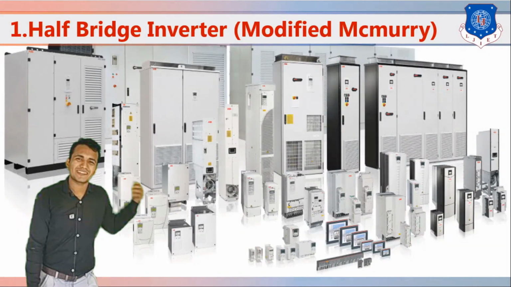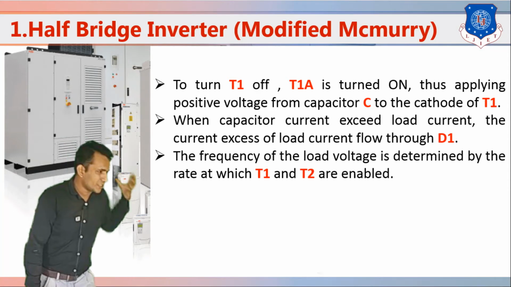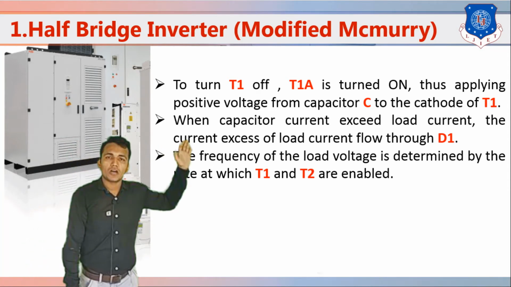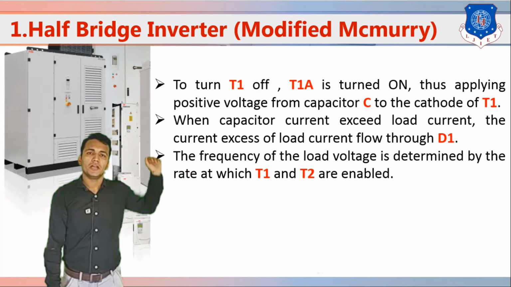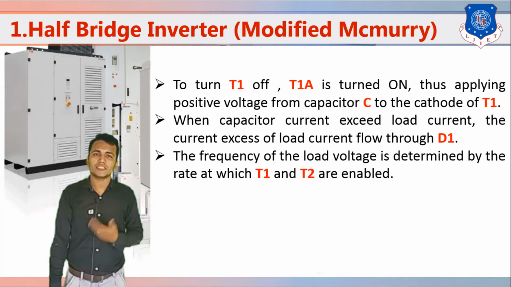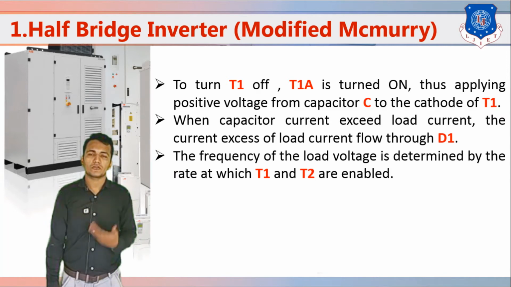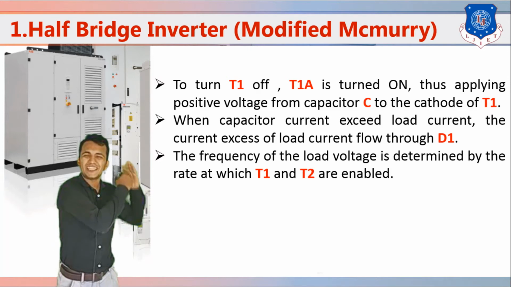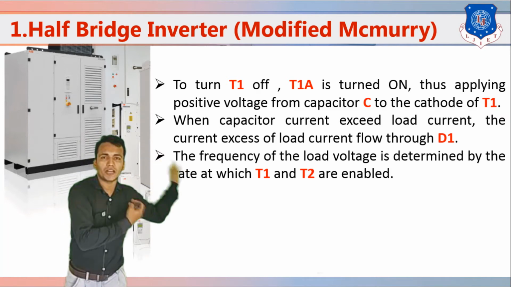Now we have to discuss step 2. Before we enter step 2, you can see that to turn off T1, T1A is turned on, thus applying positive voltage from the capacitor to the cathode of T1. That means if we have to turn off T1, at that time we have to turn on another thyristor, that is T1A.